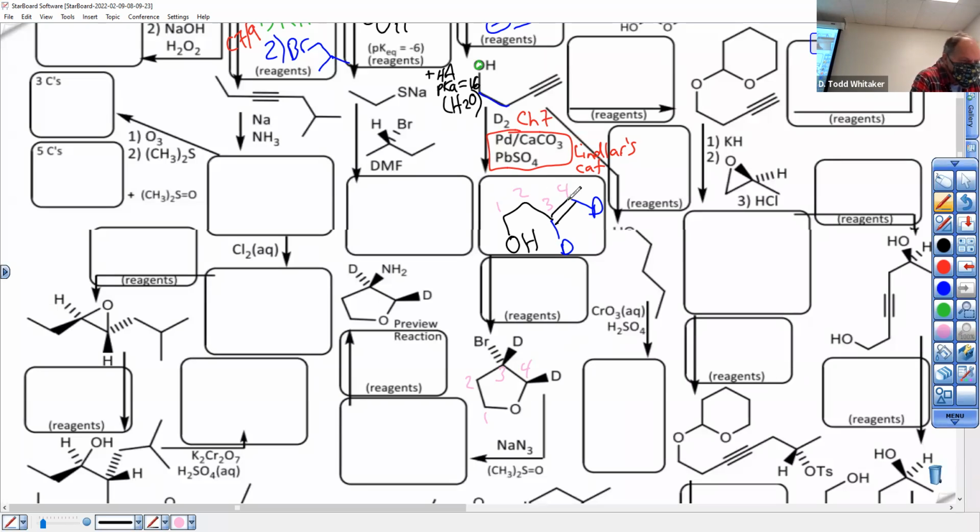Now, most of you say, okay, if you do that, Dr. Whitaker, that's great, but you want to attack the more substituted carbon, because triangles open that way. The bromine triangles and the chlorine triangles with the plus charge on them, those are the ones that open on the more substituted side. But if you did that, you'd make a ring size 4.